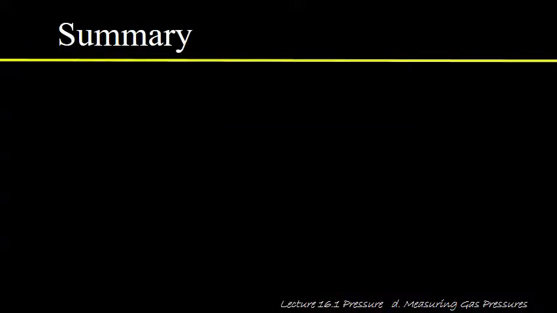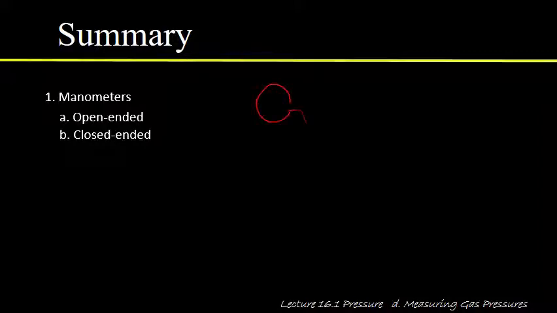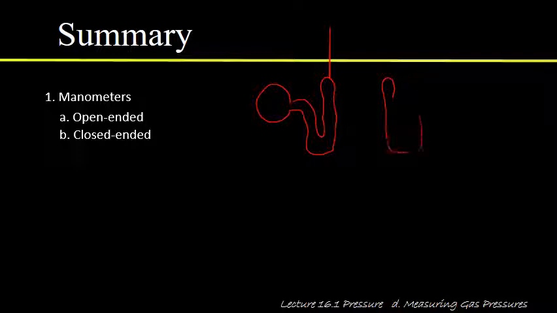All right, so to summarize, there were really 2 things we looked at. We looked at manometers, both open-ended and closed-ended manometers. And for a manometer, it doesn't really matter whether it's drawn this way or this way.